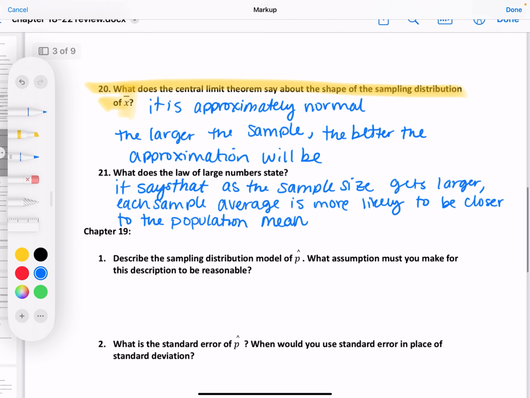So that's not one that I'm highlighting that you have to be able to write down, but I would understand it for the multiple choice questions because that could be helpful.